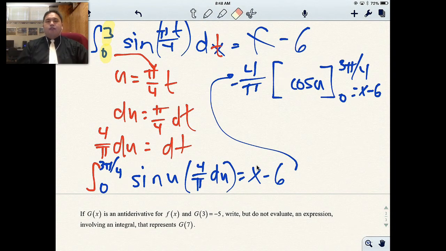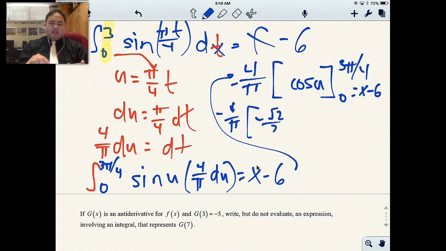Okay. If I put cosine 3 pi over 4, again, you need to know your unit circle. Cosine 3 pi over 4 is in the second quadrant, and everything with pi over 4 is radical 2 over 2. So negative radical 2 over 2. Minus, if I plug in 0, cosine of 0 is 1. Remember, think of your unit circle.